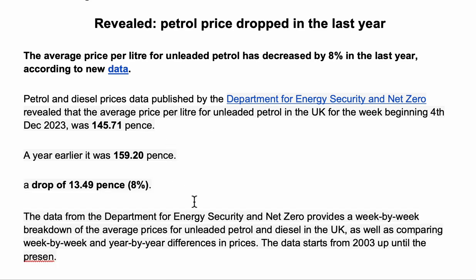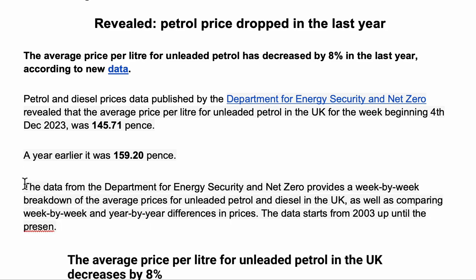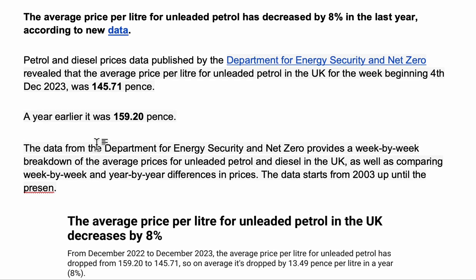So this is where that reversal of order is a little bit, we're going to have to rethink the phrasing here. But because we've already said it's decreased by 8%, we don't need to repeat that, and we don't need to say how much it's dropped by, because we've already talked about that in percentage terms. So let's move on to the next paragraph.